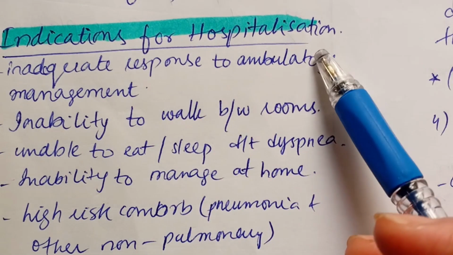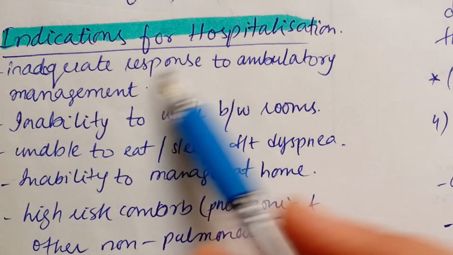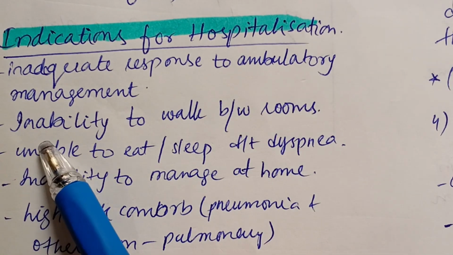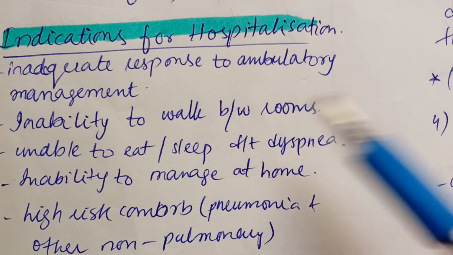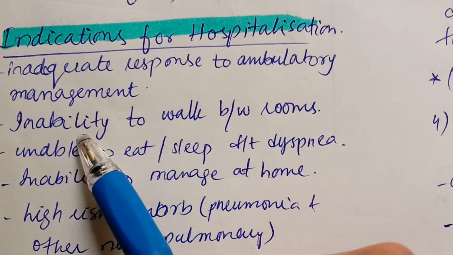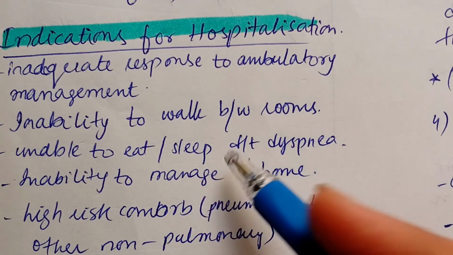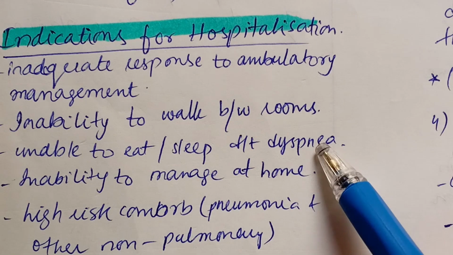What are the indications for hospitalization? If the patient has an inadequate response to ambulatory management, or is having difficulty walking between the rooms due to shortness of breath. He is not able to cover the small distance between the rooms, or is unable to eat or sleep due to shortness of breath.